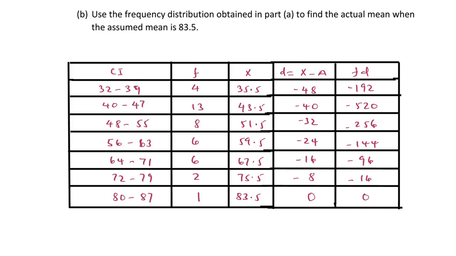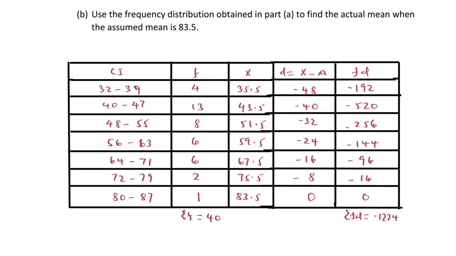So let us finalize our table by finding the summation of the frequency, which after summing the values is 40. And then we find the summation of FD, which after summing the values is negative 1,224.